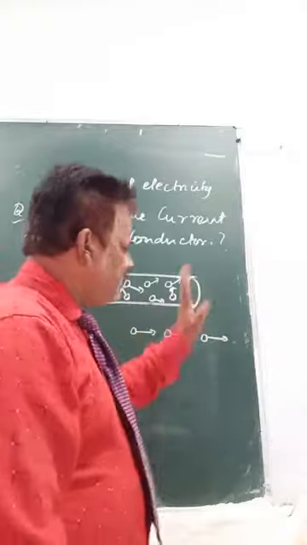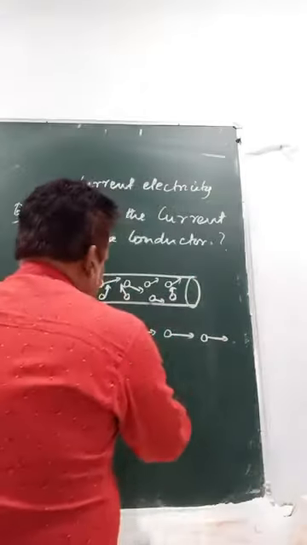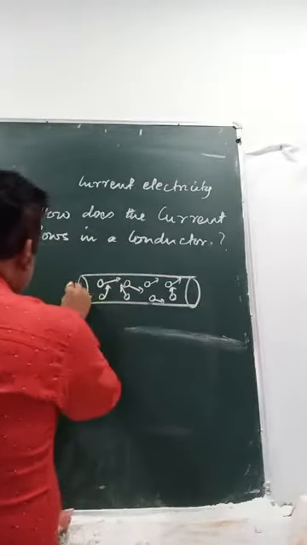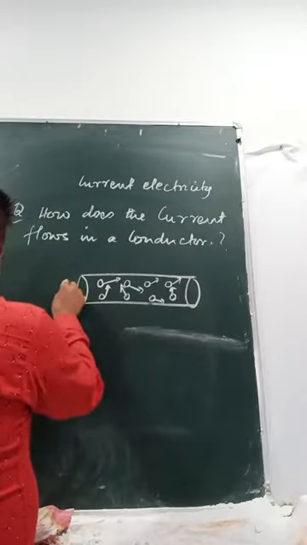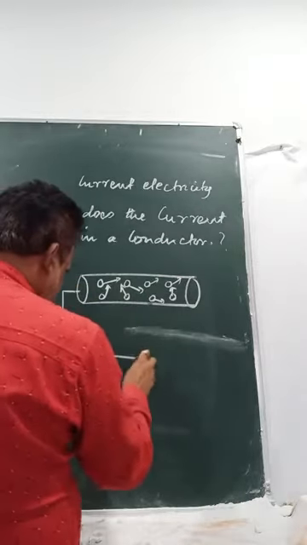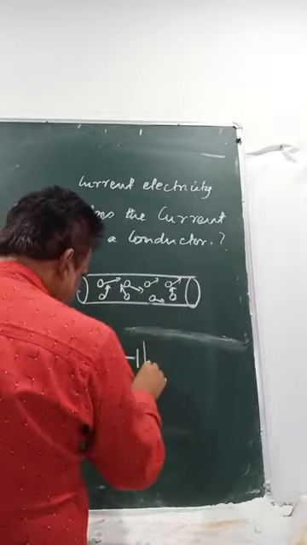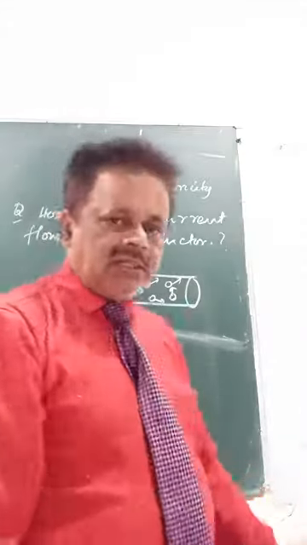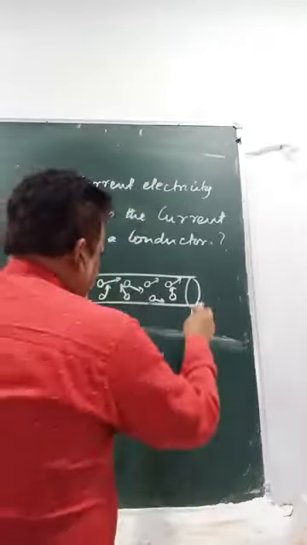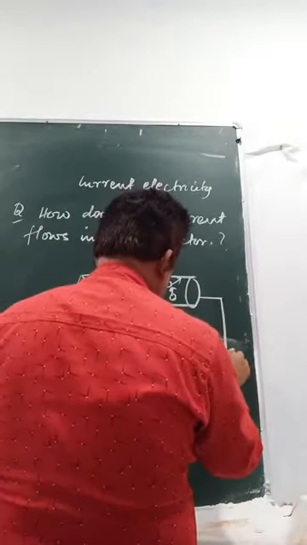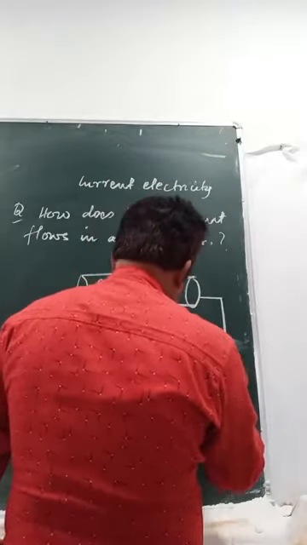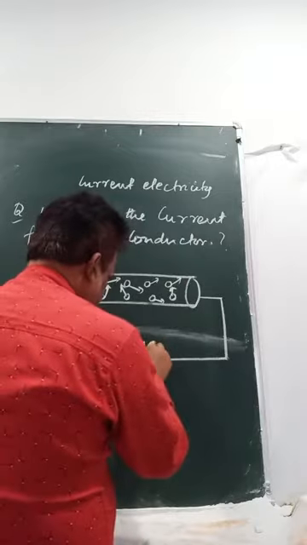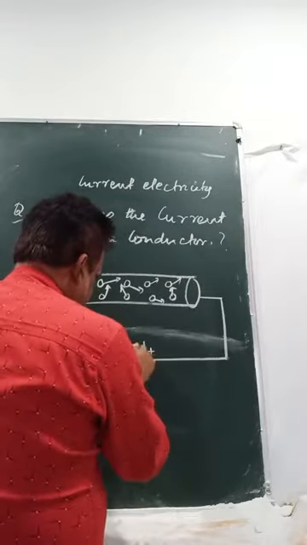To do that, what we do is we connect it to a cell. Suppose I have collected one cell here with the symbol of a cell. All the symbols I will discuss today. The longer line is the positive terminal, the shorter line is the negative terminal.